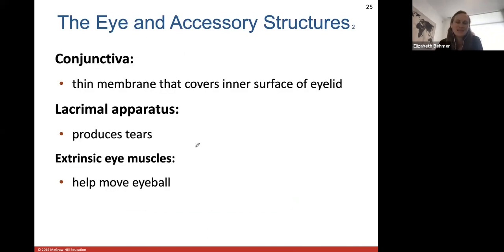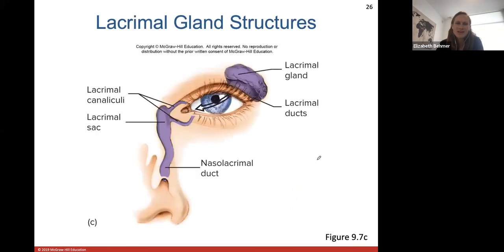Some more accessory structures. The conjunctiva is a very thin membrane that covers the inner surface of your eyelid. The lacrimal apparatus produces tears, and the extrinsic eye muscles help to move the eyeball. Here's the lacrimal apparatus, or lacrimal gland structures that produce the tears.